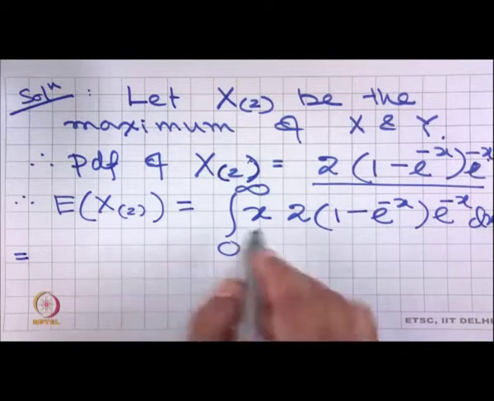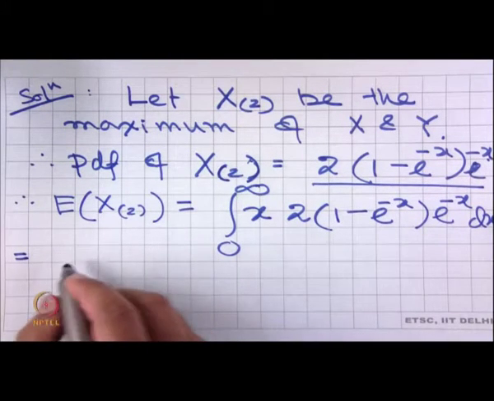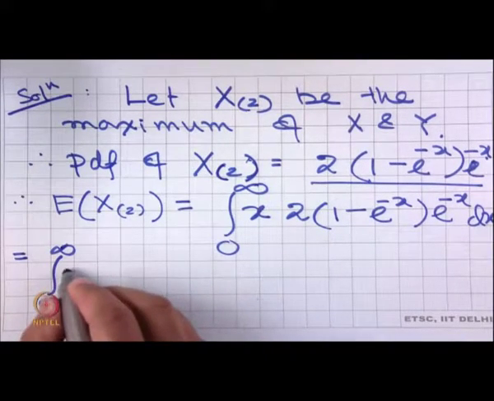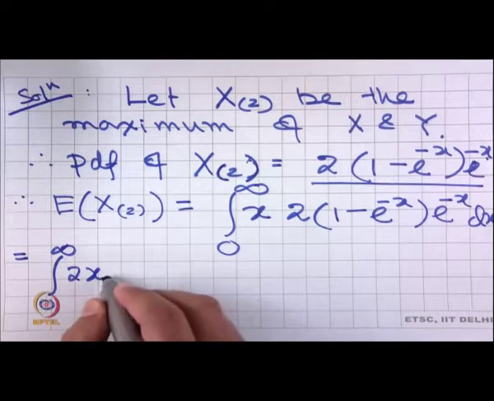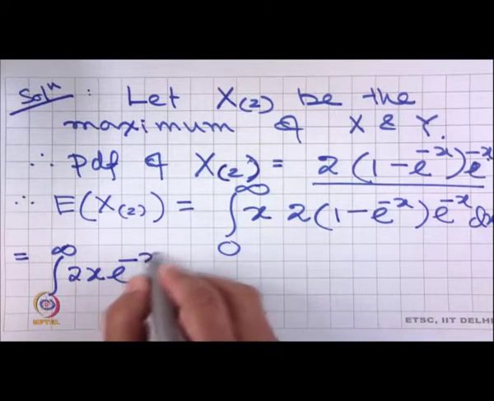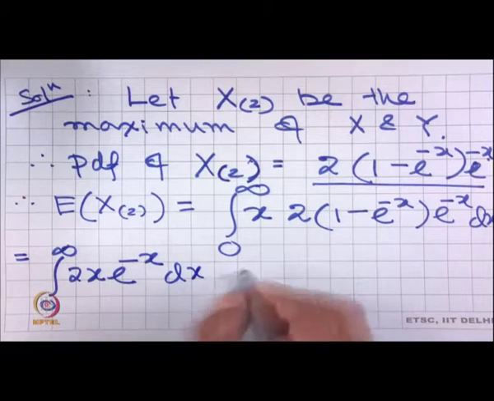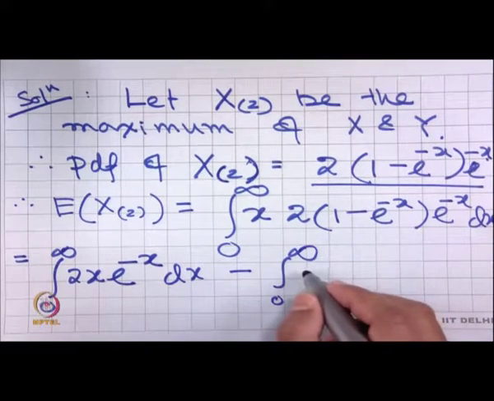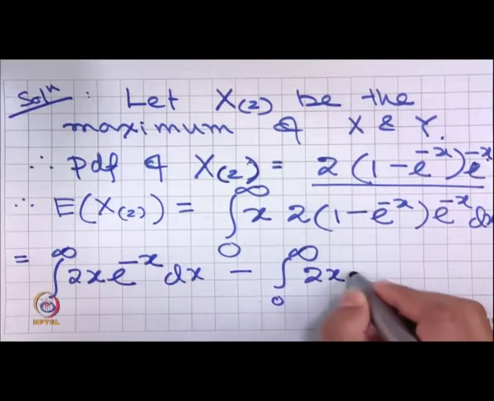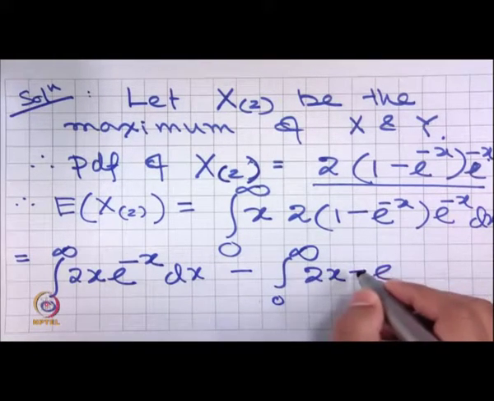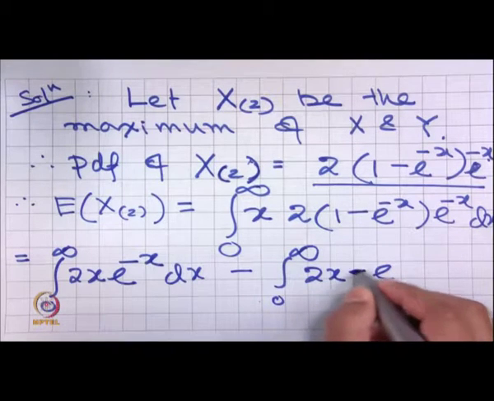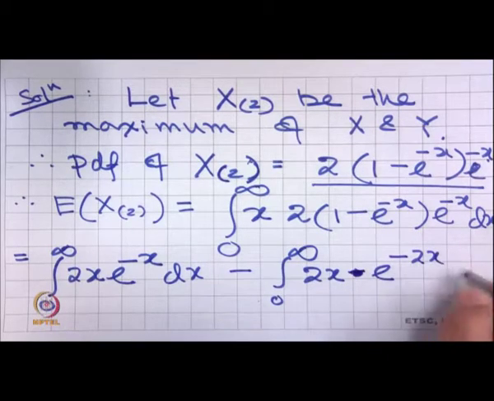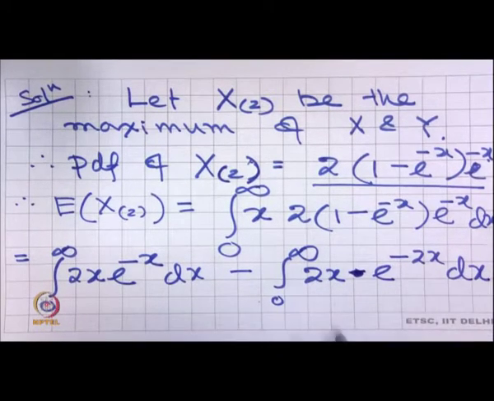Now, we can split it into two parts: 0 to infinity 2 x e to the power minus x dx minus 0 to infinity 2 x e to the power minus 2 x dx.